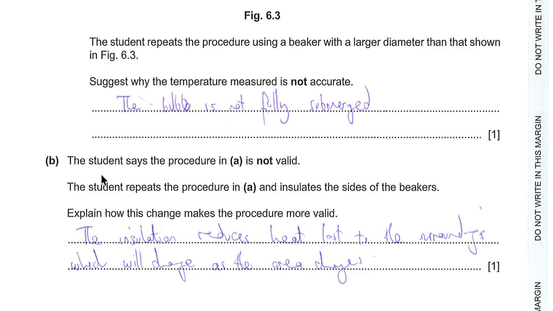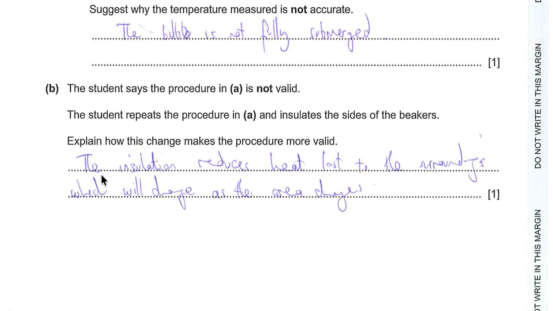Insulating the beaker will remove the effect of heat loss through the sides and allow us simply to find out the effect of heat loss due to the surface area. So the insulation reduces the heat loss to the surroundings, and that's going to change as the area changes. It's going to be a non-constant variable, a not controlled variable as we change that area. So we need to insulate them to make sure that we're looking at our heat loss through the sides as a controlled variable.